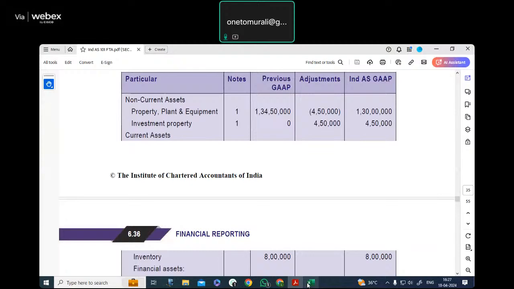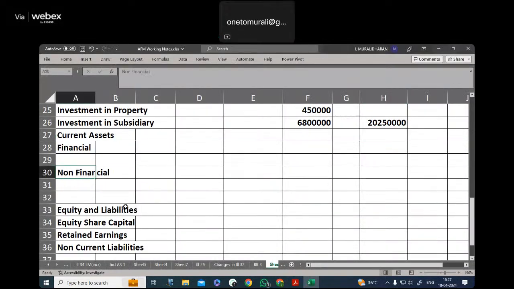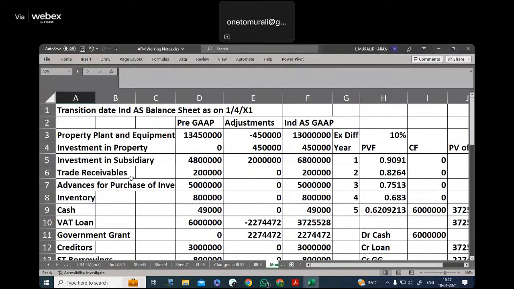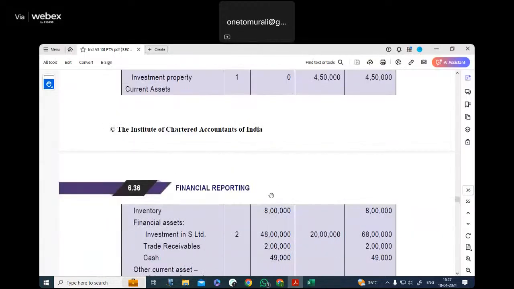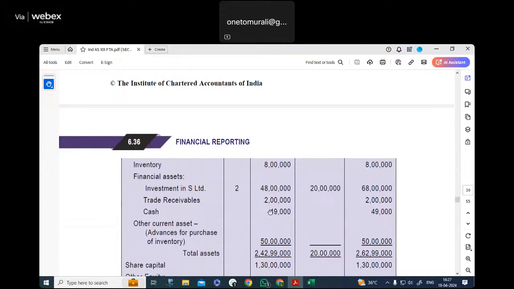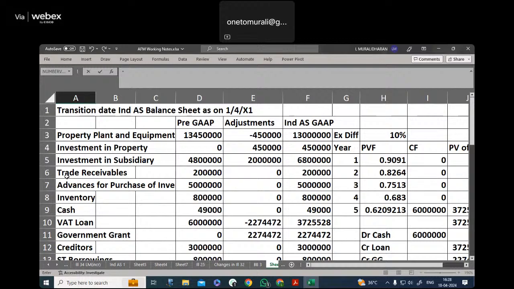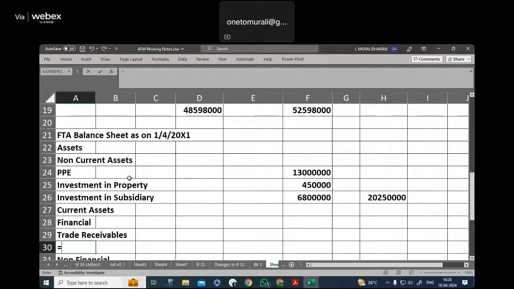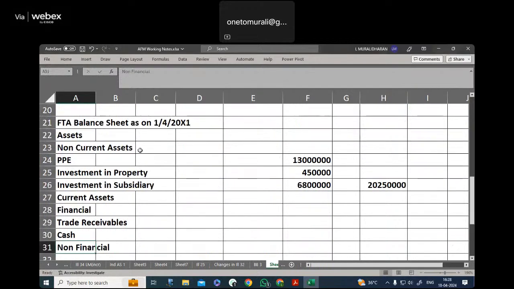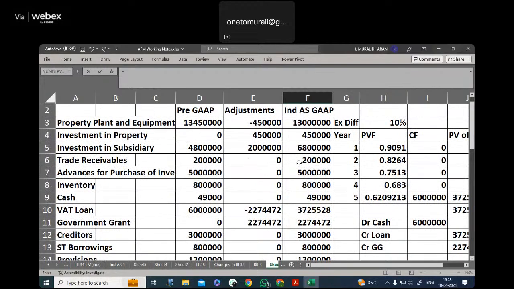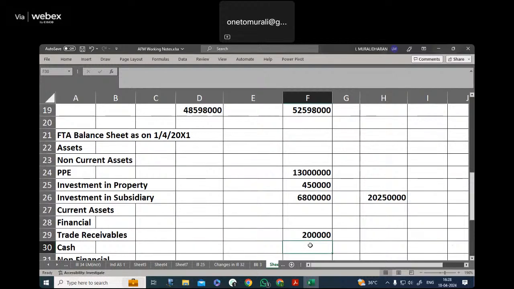Then we take up current assets, financial, trade receivables, cash 49,000.